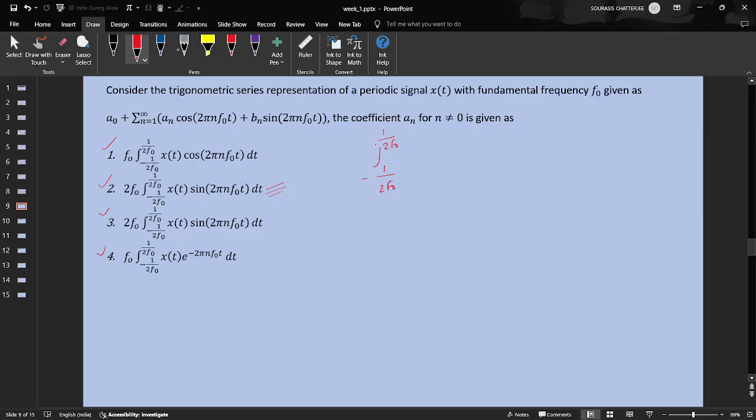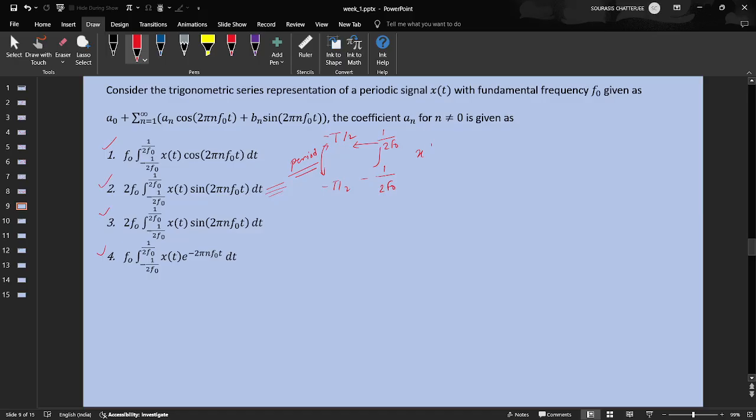You can see that this is nothing but minus T by 2 to T by 2, so the integration is over a period. The fundamental frequency is f naught, so your fundamental period is T, which is just 1 over f naught, and the integral is happening over one period.